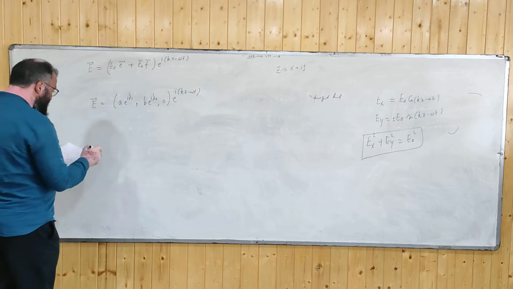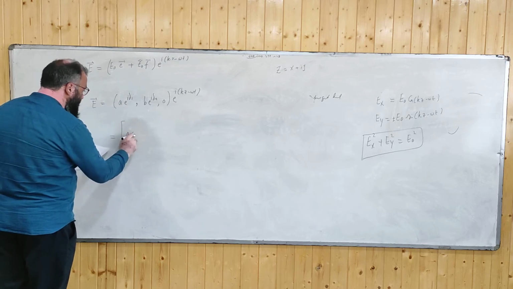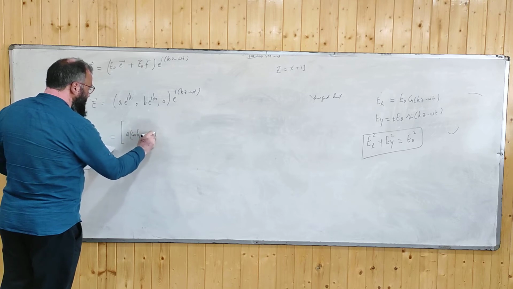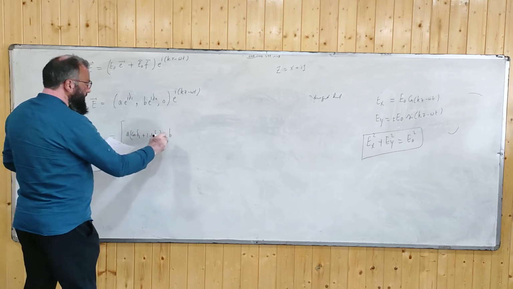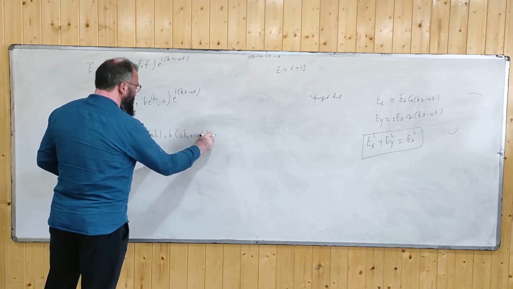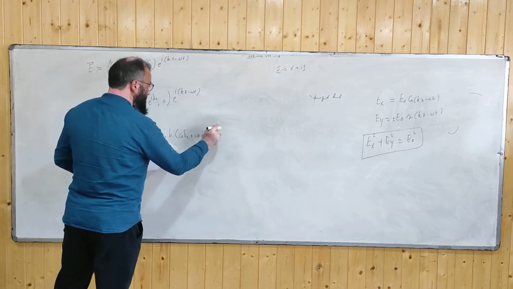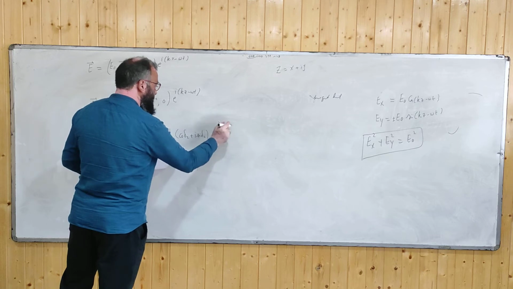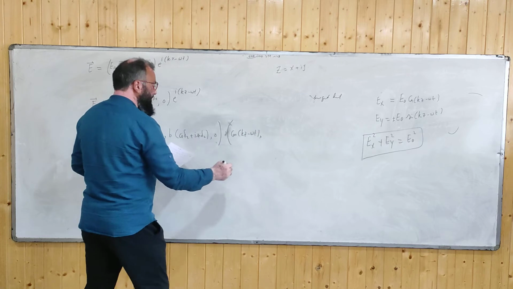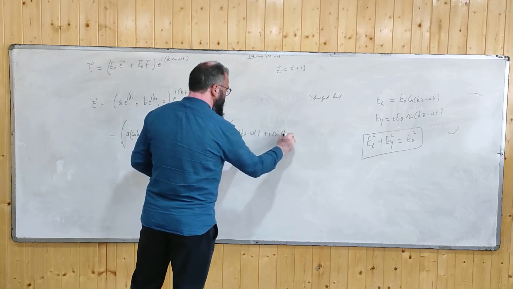So this is A (cosine of delta 1 plus i sine of delta 1), and this is B (cosine of delta 2 plus i sine of delta 2), then 0, times e raised to i(kz minus omega t), which is cosine of (kz minus omega t) plus i sine of (kz minus omega t).